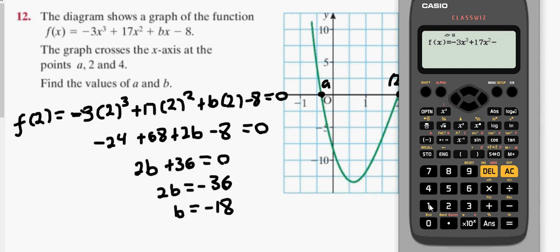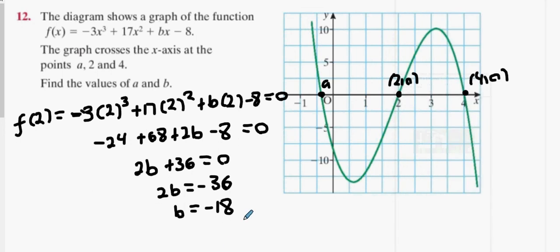If the points in the calculator match those on the graph, you know you haven't made a mistake. So it's a great way of checking. I'll just do minus 5 to plus 5. And what do we see there? 0, minus 8, roughly, (2, 0) and (4, 0). The points check out. This is definitely the correct answer.